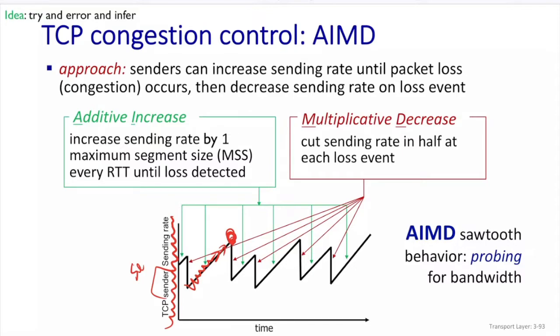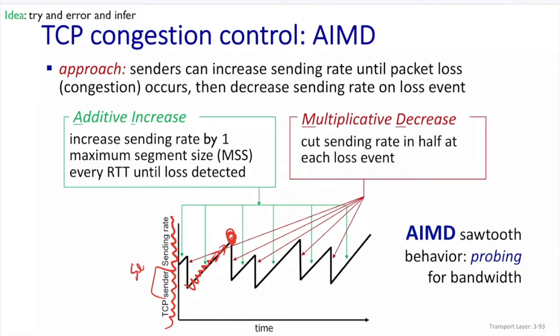starts to drop packets, and at the sender side, it will receive duplicate ACKs, right? That is because some of the packets get lost, or even worse, the sender does not get any acknowledgement because the packets got lost.